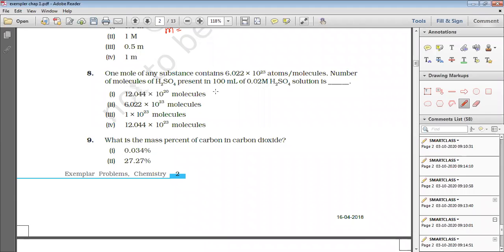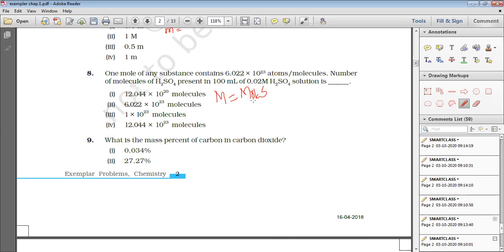So we know that molarity M is equal to moles per liter. Now when we know that molarity is nothing but mole per liter, how do you find out the moles?